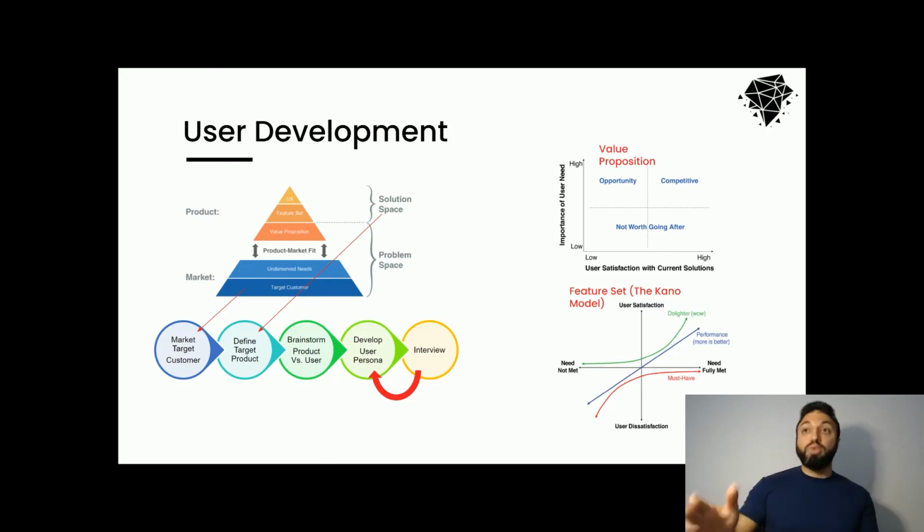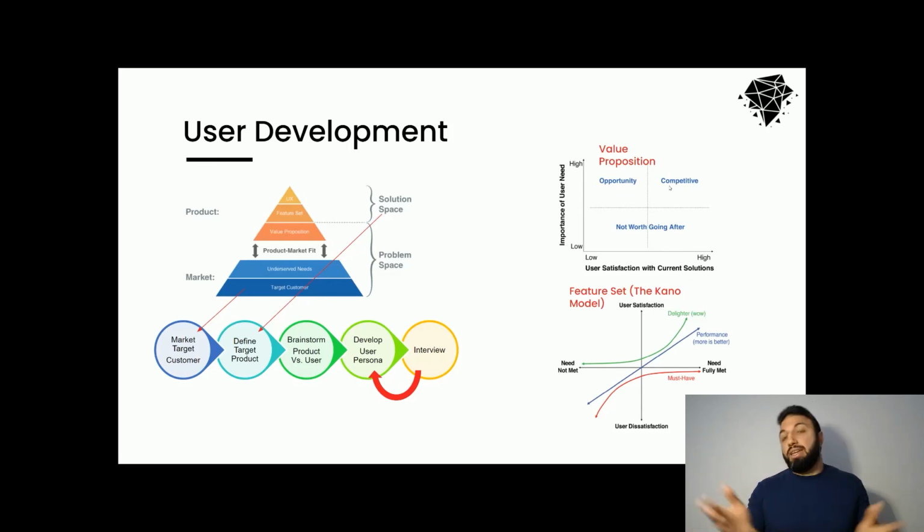there are a lot of current solutions, it becomes very competitive. Since I picked the mouse example, let's take something more familiar now, like mobile phones. The smartphone market right now is extremely competitive because the need is high and the solutions are many.